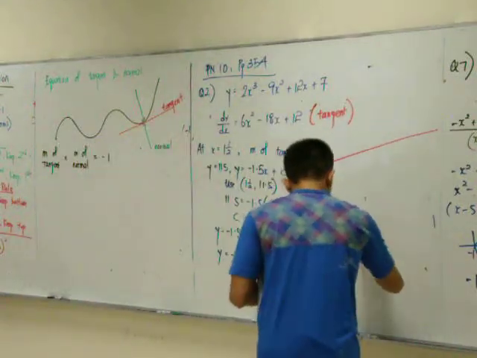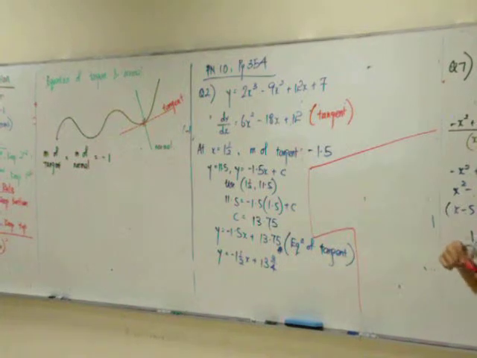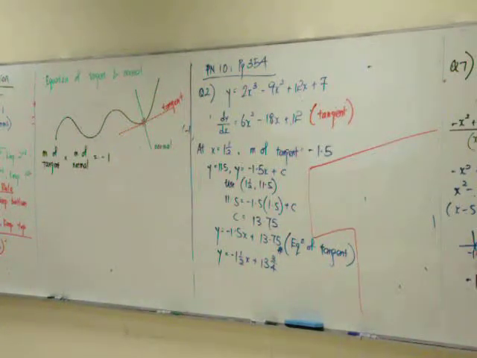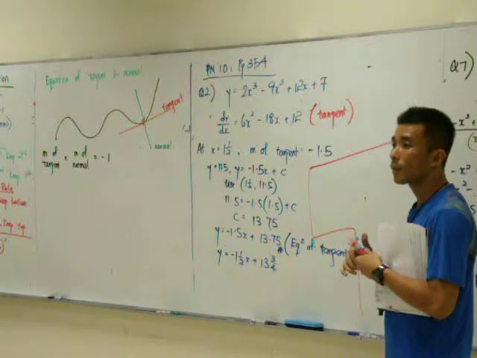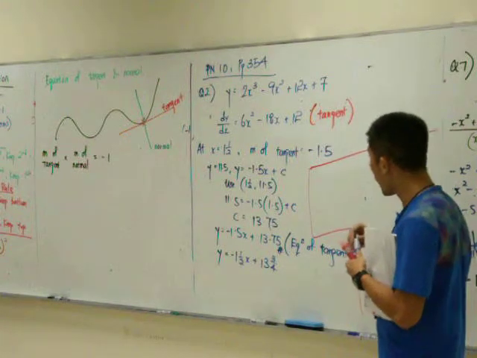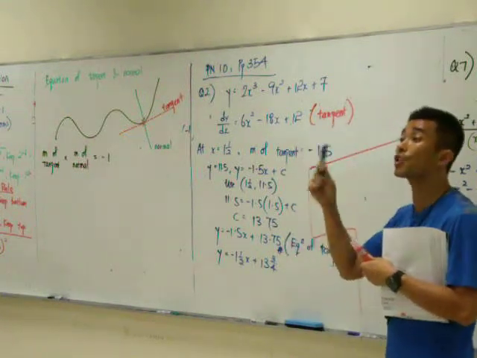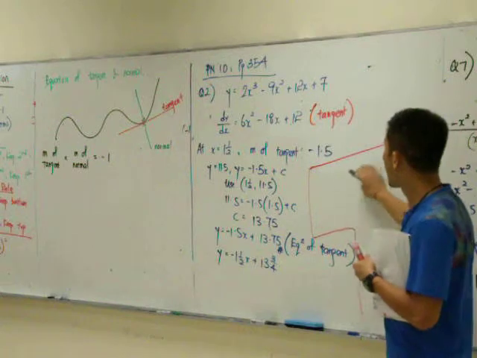Now, sorry, no more space. I'll continue from here. How to find equation of the normal? Which one? Gradient, what about the gradient? We have the gradient of the tangent already, but the relationship, how do you form that relationship?